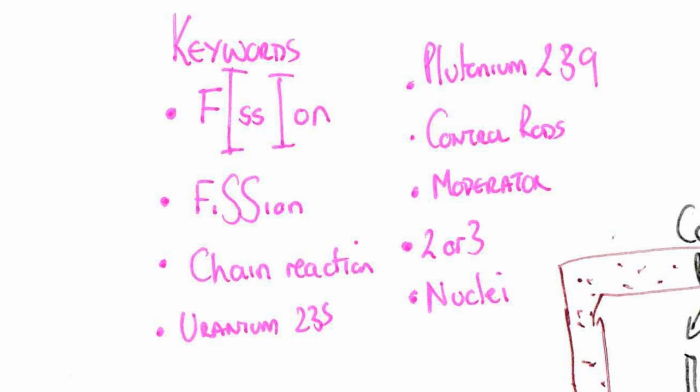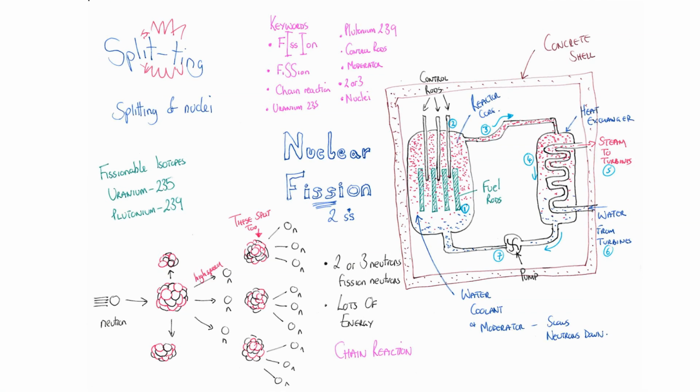You must know the control rods are used to control the amount of heat because they absorb neutrons. The moderator is used to slow down neutrons to make sure they can be absorbed. And every time a nucleus splits, it gives off 2 to 3 neutrons. And finally, the plural of nucleus is nuclei, and that is everything you need to know about nuclear fission and power plants.